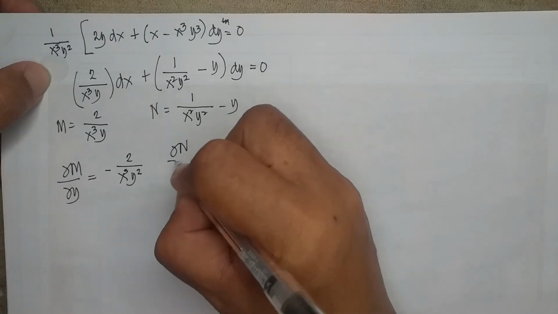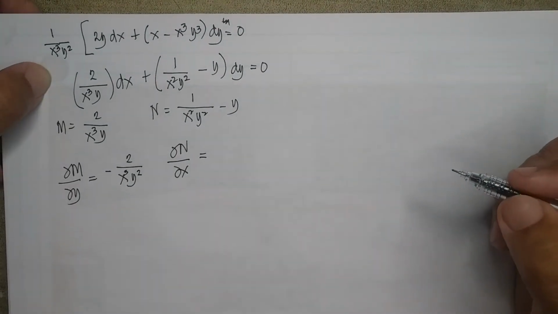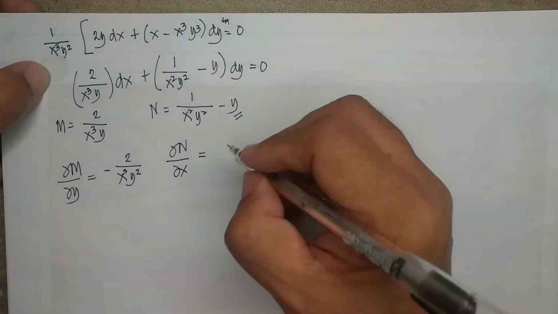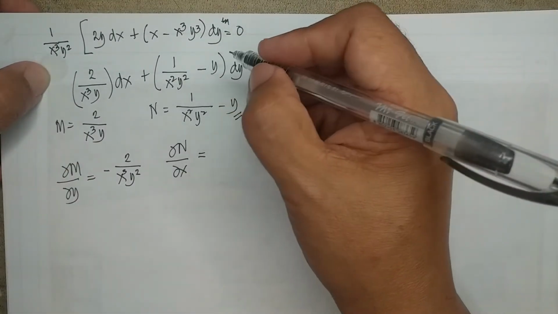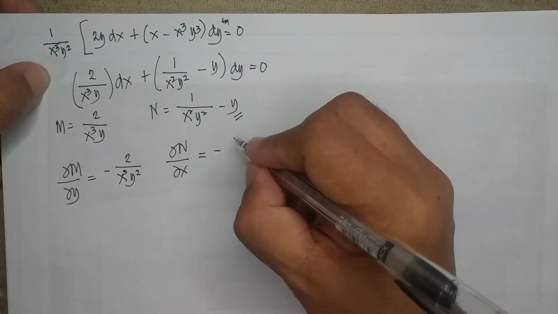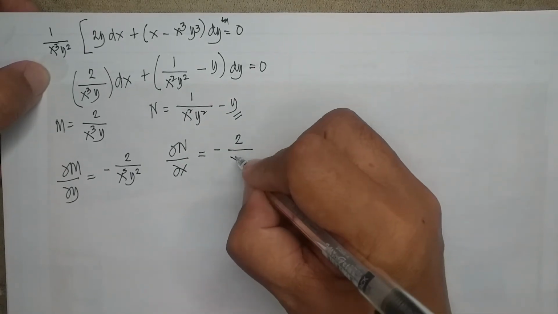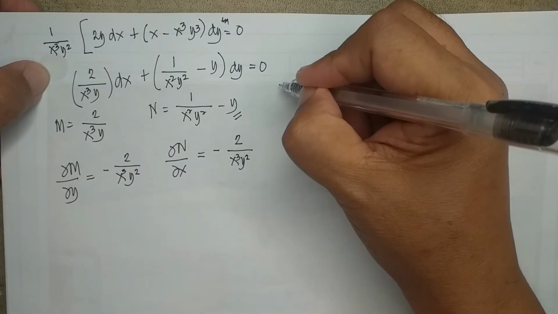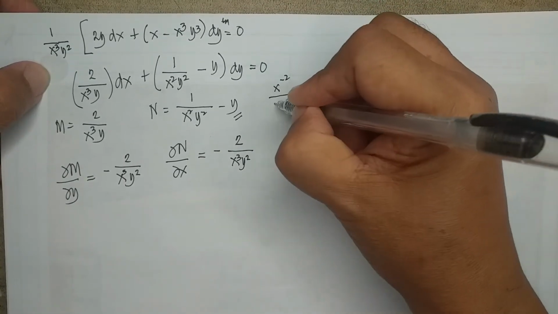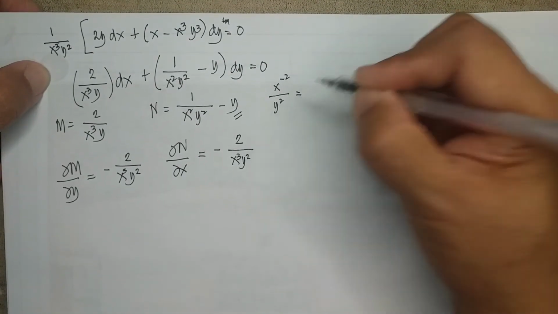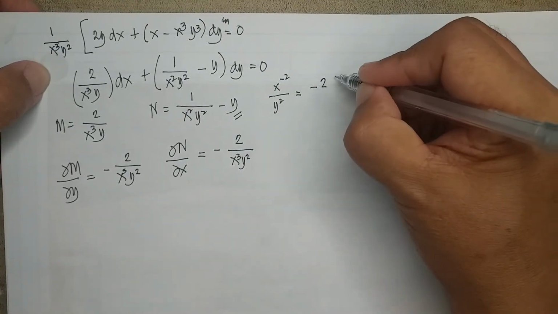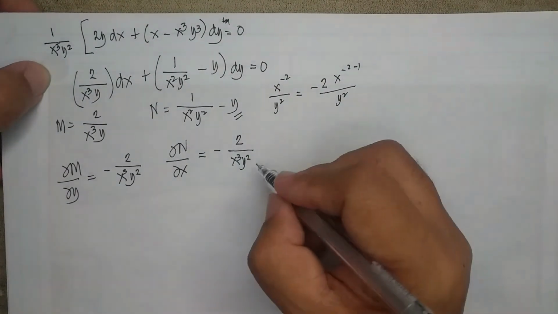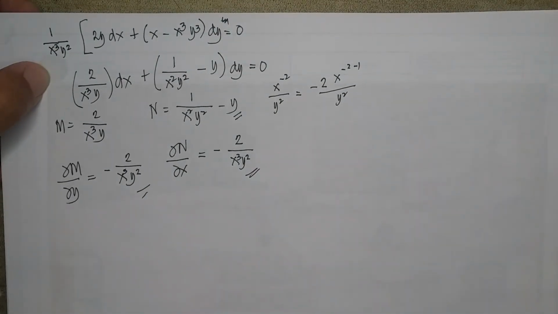The derivative of N in terms of x holding y constant is negative 2 over x cubed y squared. So this is an exact DE this time.